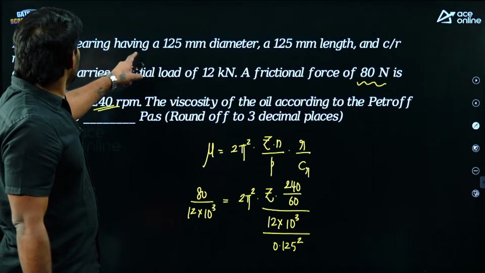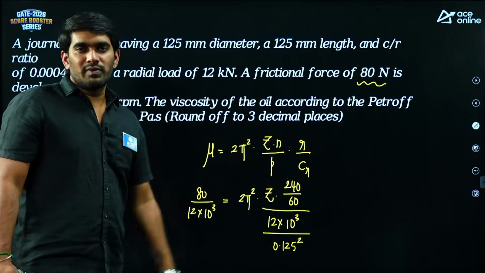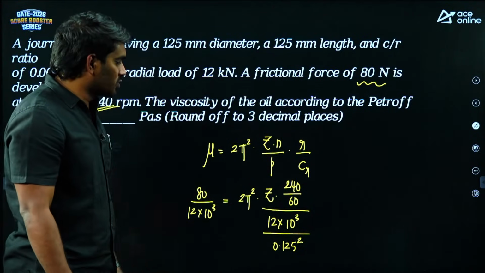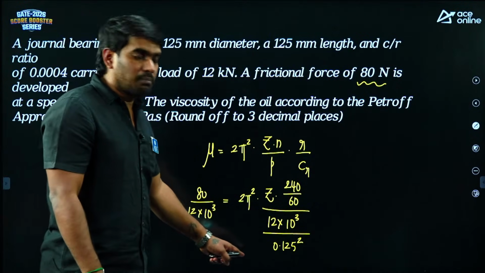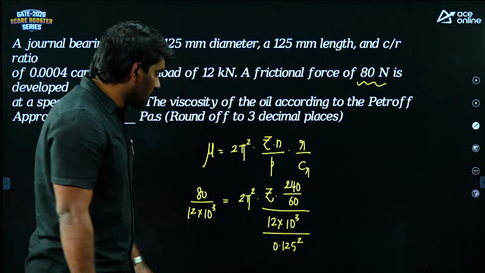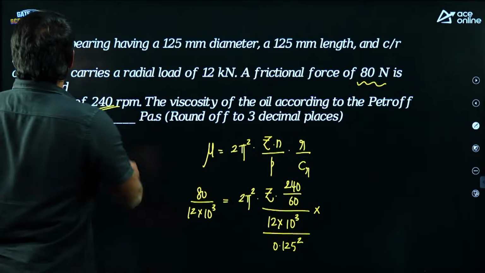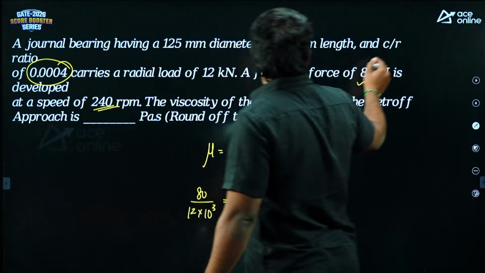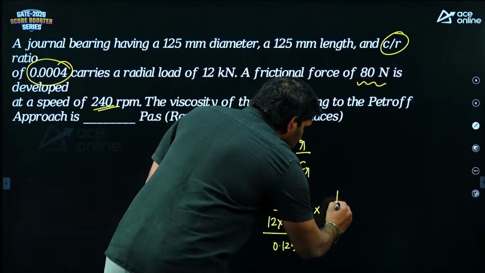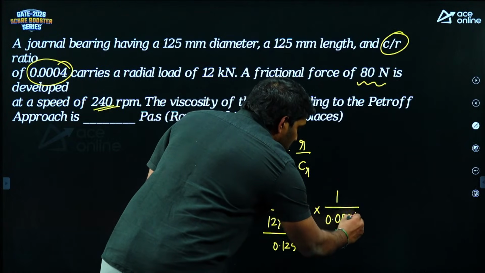Why? Because here you can notice that it is a square bearing. So it is 125 mm in diameter, 125 mm in length. That's the reason why L into D value is 0.125 square. So why did we consider that in meter? Because the pressure should be in Newton per meter square. Okay, into R by CR. But here, if you notice, the value of C by R is given as 0.0004. So which means C by R value is 0.0004.